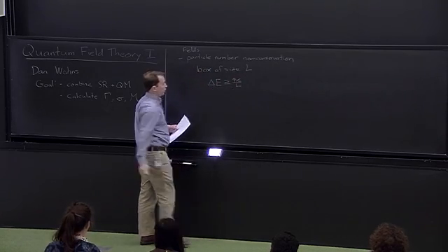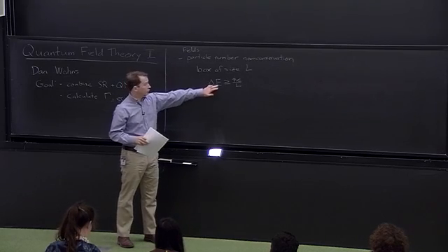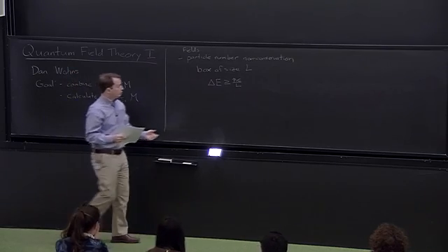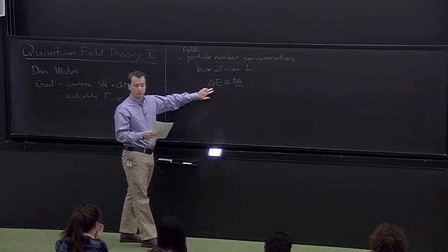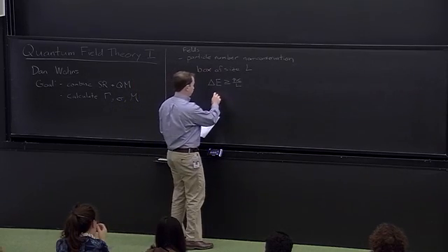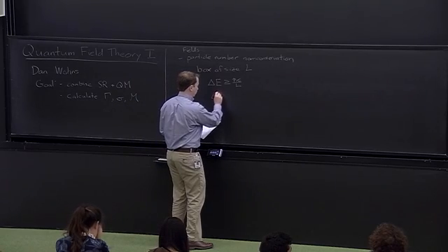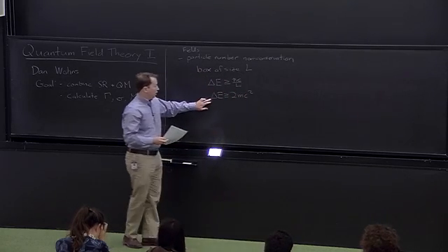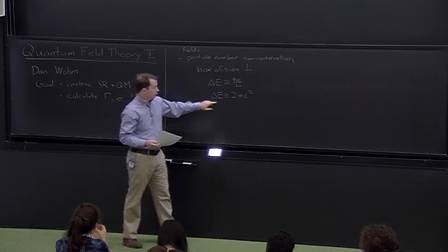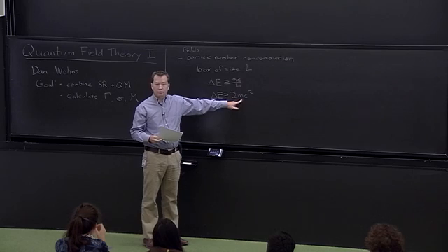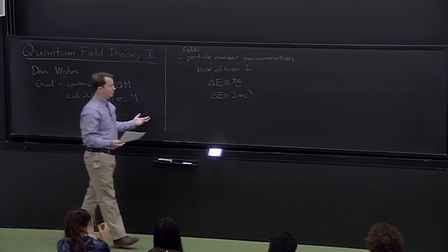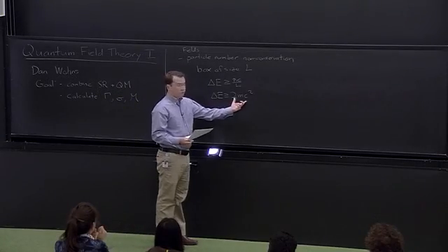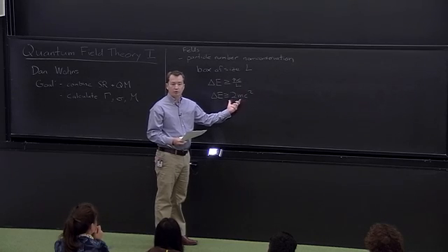The uncertainty principle tells us the bound on the uncertainty in the energy is given by h bar c over L. And if we make the box small enough, we can make this uncertainty in energy as large as we like. And so if it's small enough so that delta E is greater than 2mc squared, then there's enough uncertainty in the energy to create a pair of particles. So special relativity tells us that energy and mass are the same thing. If it's a small enough box, we can't even be certain how many particles are in the box.